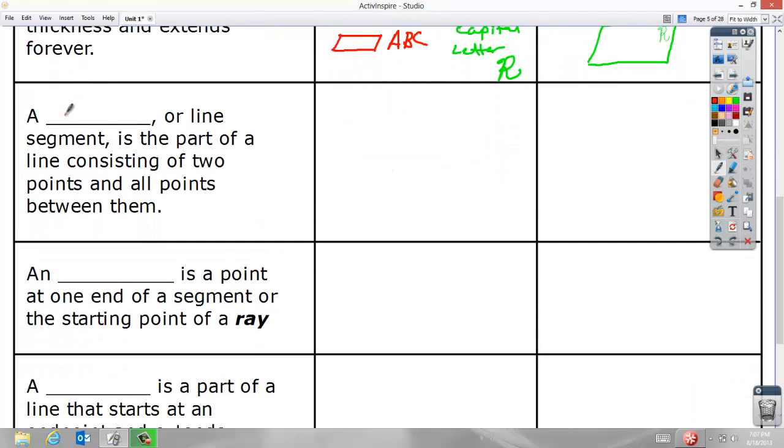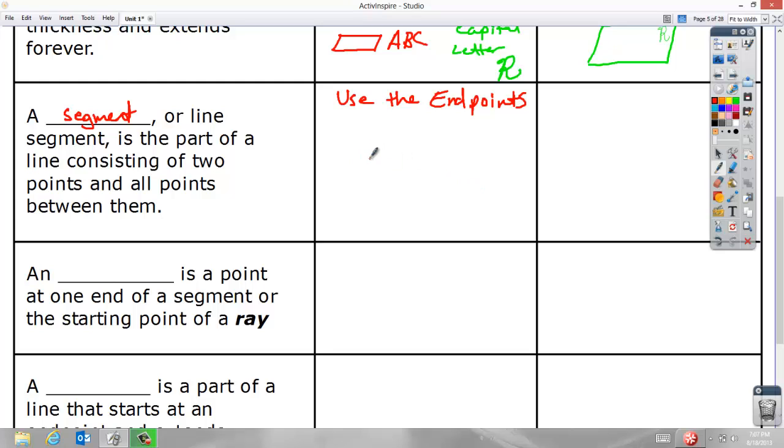Okay. The next one, a segment or line segment, is the part of a line consisting of 2 points and all the points between them. So how do we write that? We use the endpoints. Endpoints is one word.